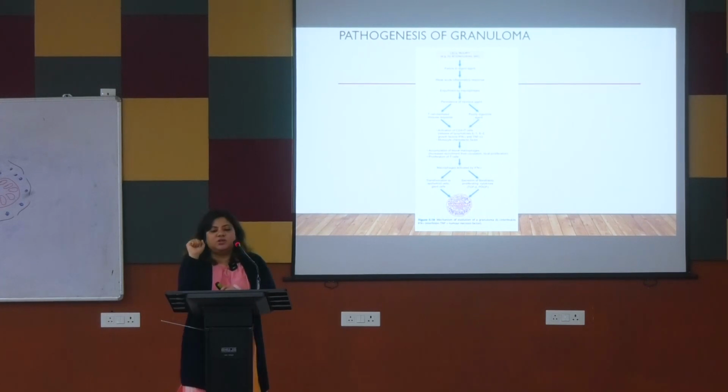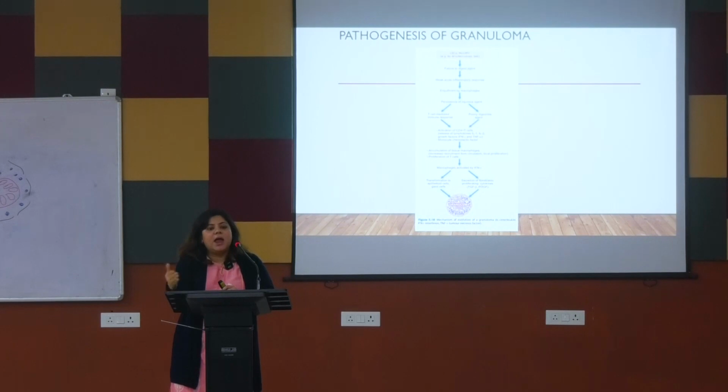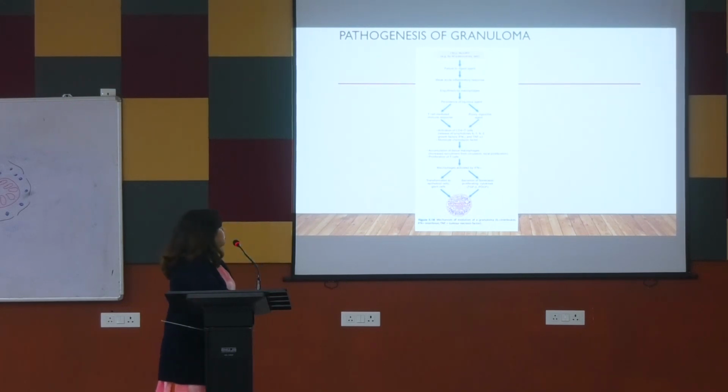Now the macrophages have come, it is chronic inflammation, and I have said that Mycobacterium tuberculosis incites a chronic inflammatory reaction from the beginning, as opposed to some bacteria causing osteomyelitis, where there is acute inflammation, it is not able to contain, followed by chronic inflammation. But in case of TB, there is chronic inflammation from the beginning. So the macrophages have come, they have ingested the bacteria, but it is not able to do anything. So there is persistence of the injurious agent.